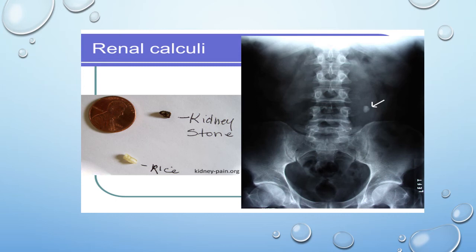Waves trying to break it down. So natural waves itself. If that doesn't occur, we try to do surgical intervention. So at least if the waves break it up, you're going to have to pass several of these crystals.